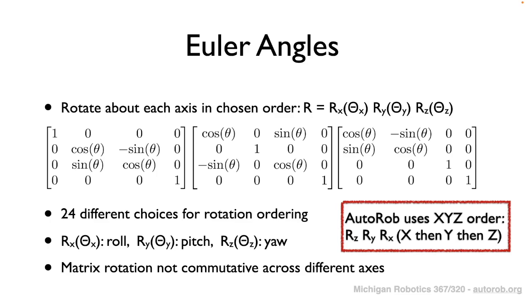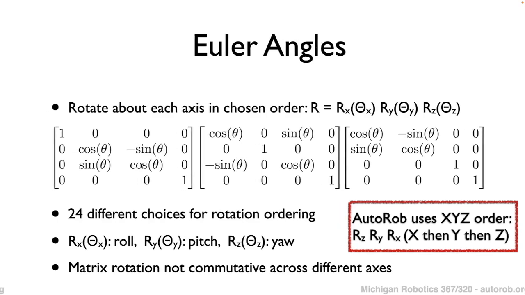So for this course, we're always going to use what we call the XYZ order, which means you first rotate about X, then you rotate about Y, and finally you rotate about Z. And once again, remember to read from right to left when you're thinking about these matrix operations.